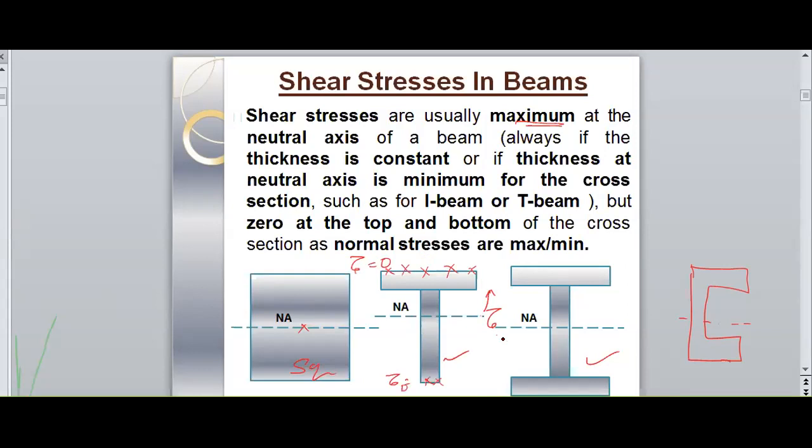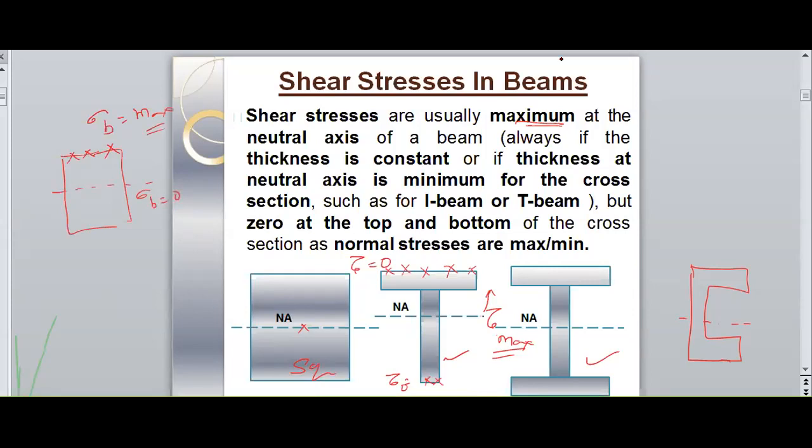So it will be maximum at the neutral axis. If you observe the bending stress equation, it is quite opposite. The bending stress is maximum at the outer layers and it is 0 at the neutral layer. So it is quite opposite.